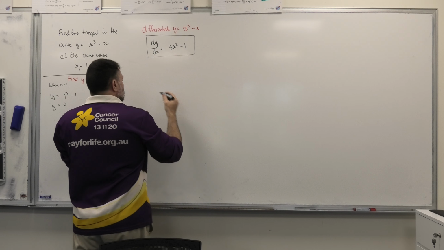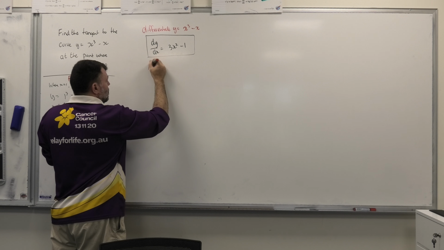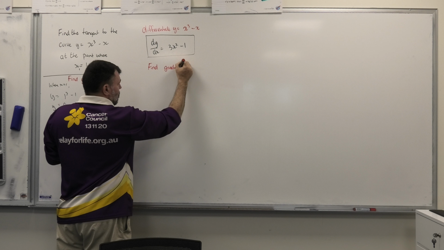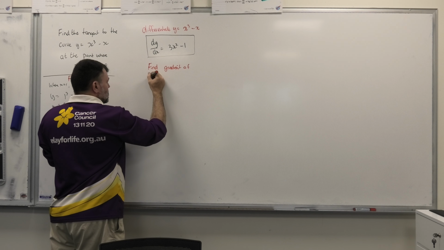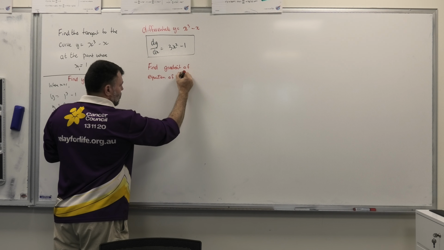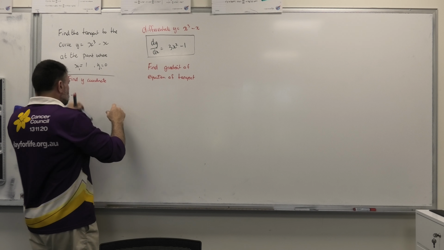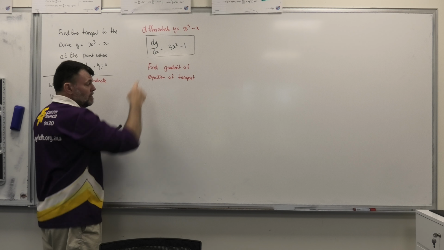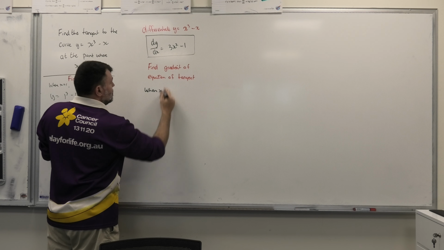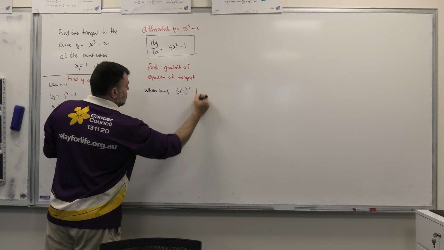So what we do here is find the gradient of the equation of the tangent. In this case, we're just plugging 1 into this gradient function. So when x is equal to 1, we get 3 times 1 squared minus 1.